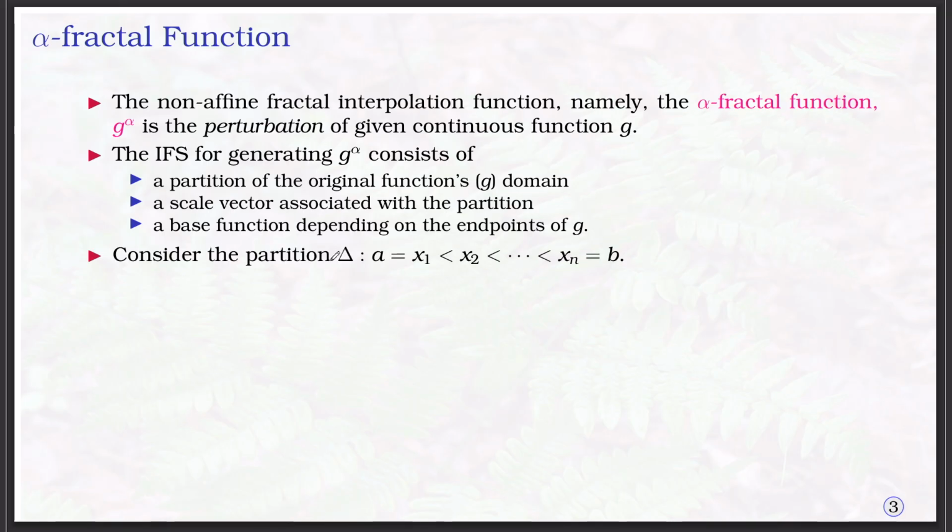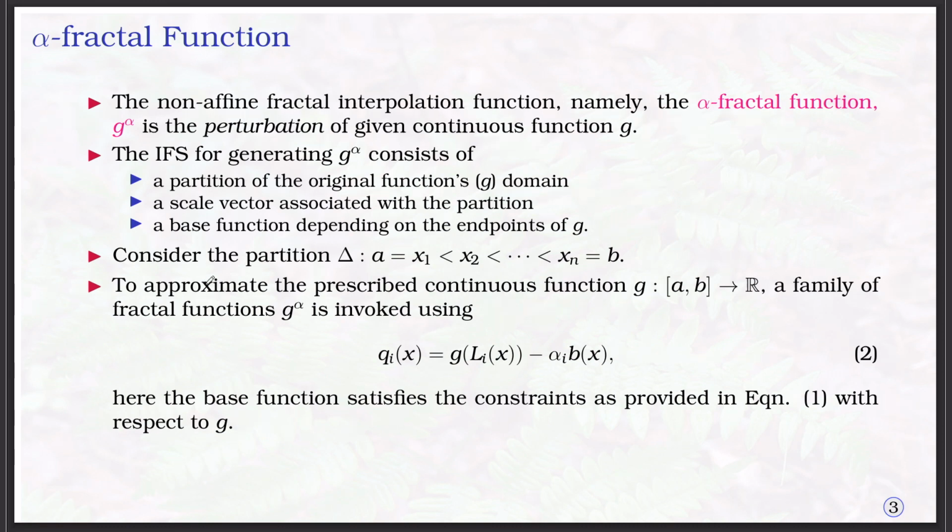Now, consider the partition delta of the given data points. In the data points, we can take x1 as a and xn as b. Then consider the partition of the given data points, and to approximate the prescribed continuous function defined on the closed interval a comma b to R, a family of fractal functions g alpha is invoked using this.